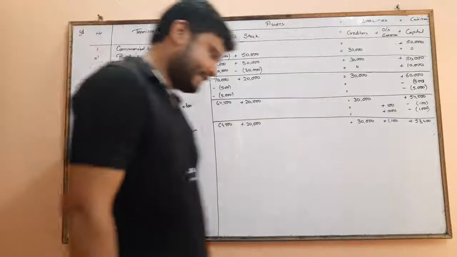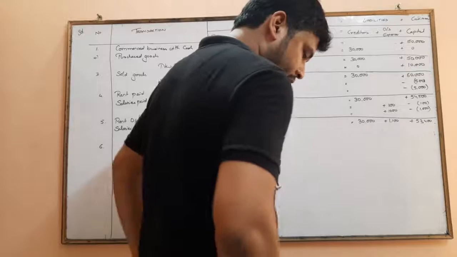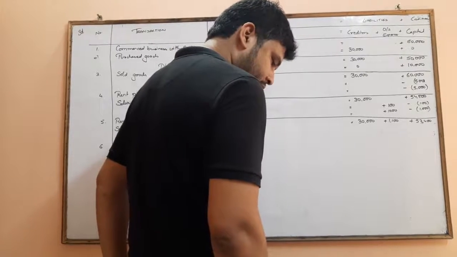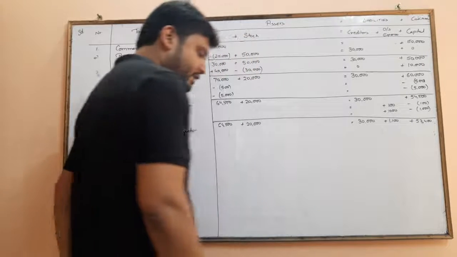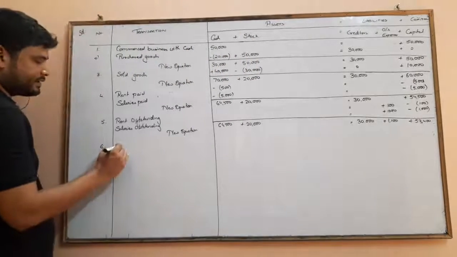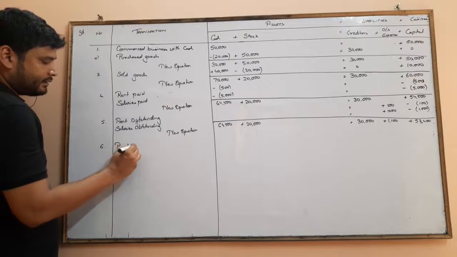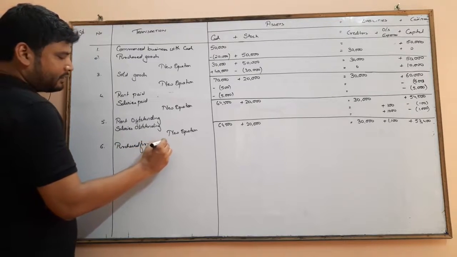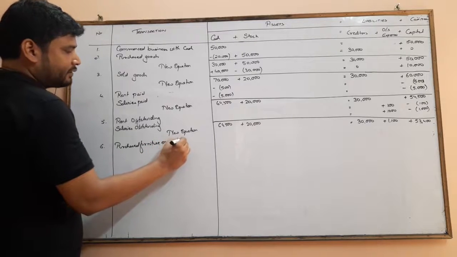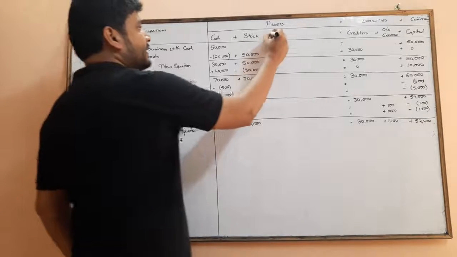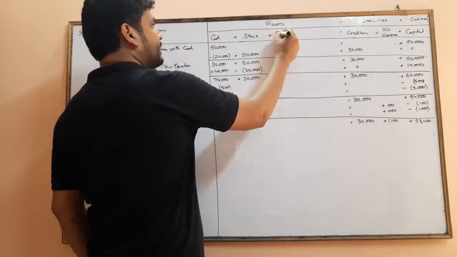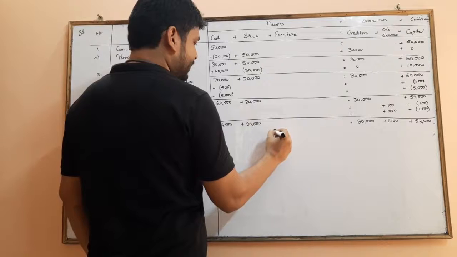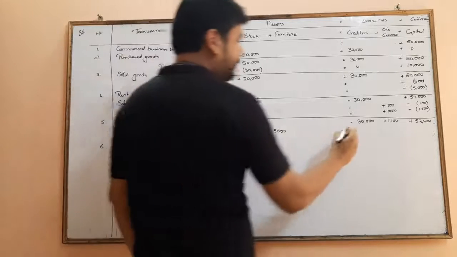Point number 6 says, I have purchased furniture on credit for rupees 5,000. So I purchased furniture. Furniture is an asset for me, so it will be written under the assets. Furniture rupees 5,000. In which form have I purchased? In the form of credit.